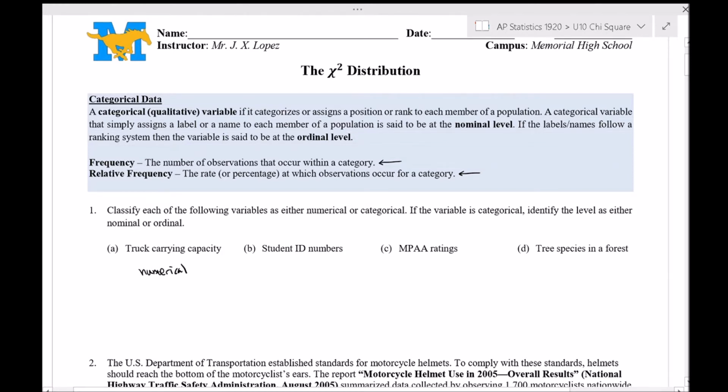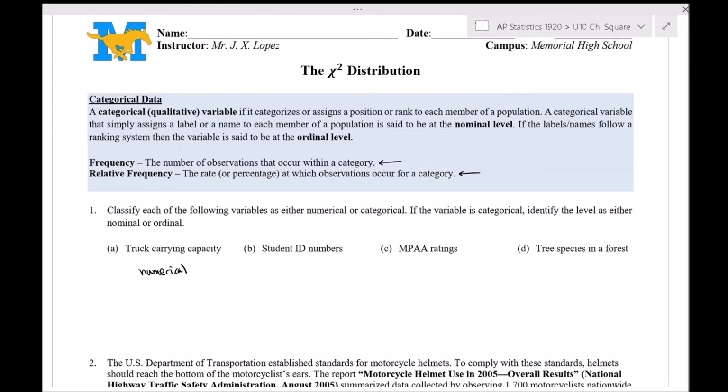Generally speaking, if it makes sense to calculate an average for this particular quantity, if it's a physical quantity that could be measured using some sort of a scale, a ruler, a protractor, something like that, it's most likely numerical. And if it makes sense to find an average over a certain number of these things, then it's going to be numerical. Okay, so since that's not categorical, we don't further categorize it as nominal or ordinal, so we move on to the next one.